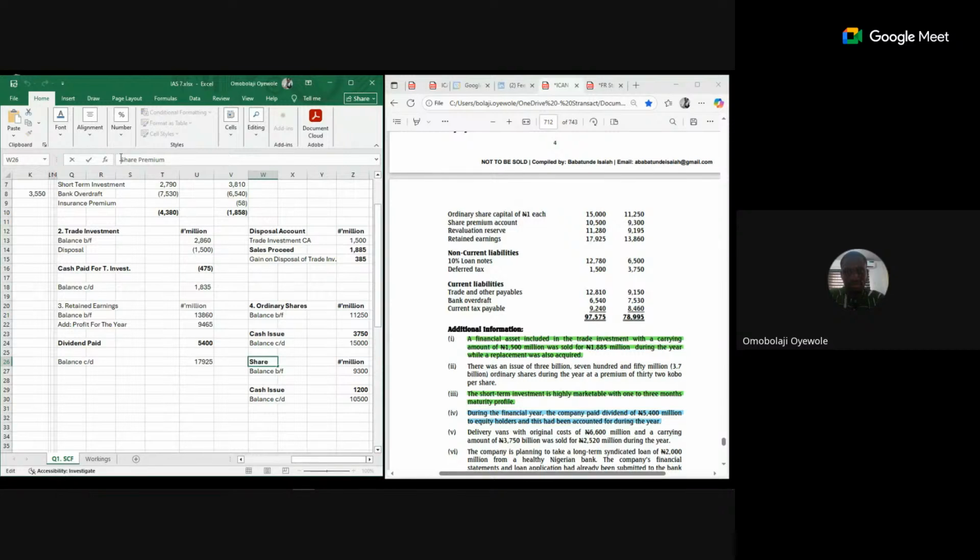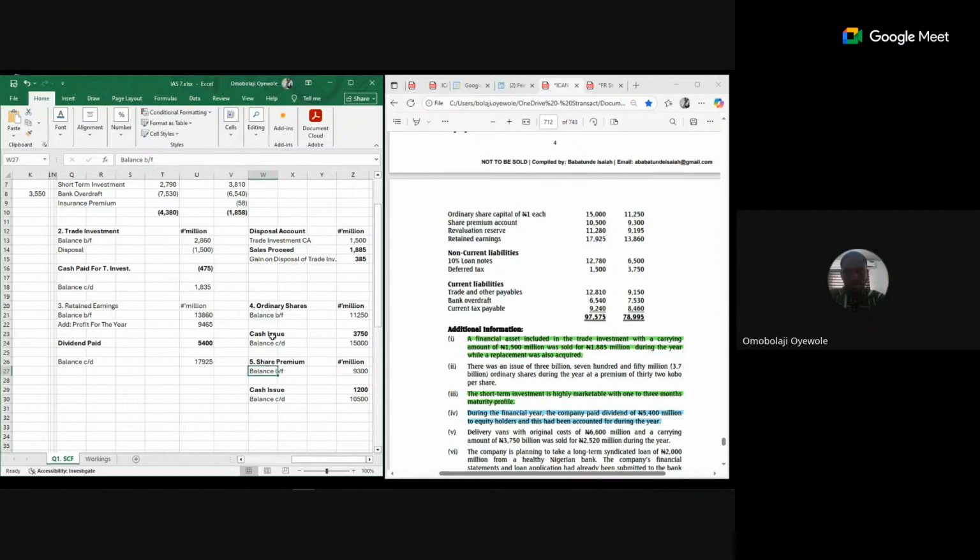Any increase in the ordinary share for the period represents a new issue of shares during the period. Do you get? Yeah. Any increase in the share premium represents a new issue of shares as well for the period, because when you issue shares at a premium, it's definitely going to add up to your share premium account.